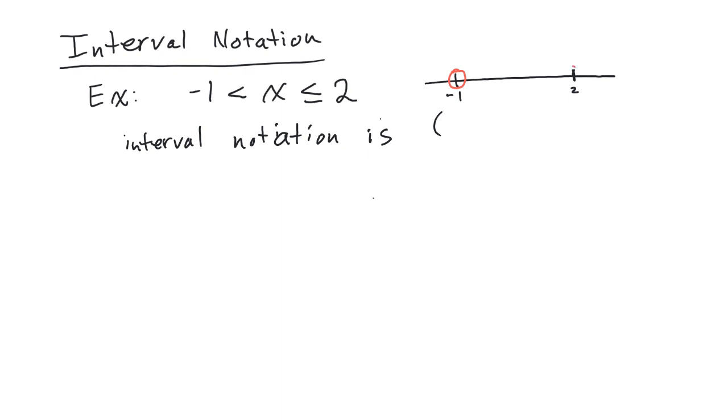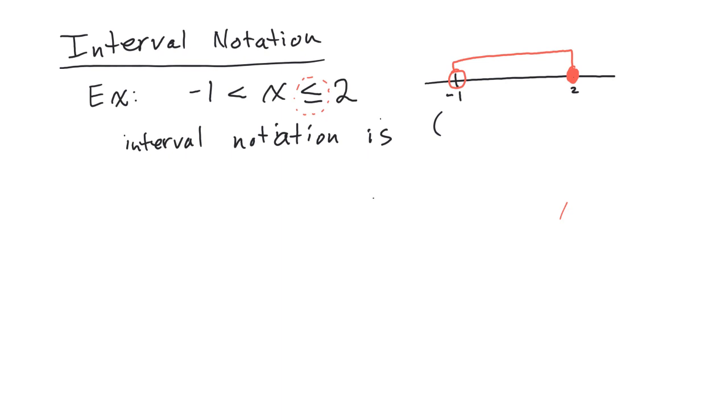And then my points, because I have a less than or equal sign here, the boundary of 2 would have to be a circle. And I would join these lines to say that I would have every point between here and here, but not including negative 1.